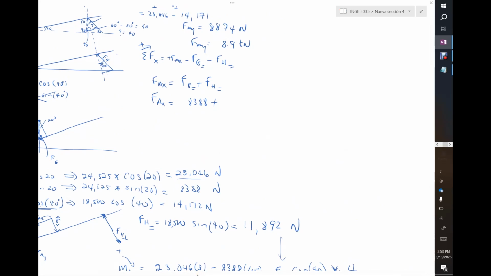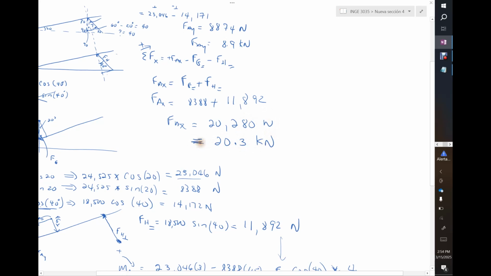So FAx then will be 8,388 plus 11,892, or FAx finally is about 20,280 Newton, or about 20.3 kilonewton, just to say the least.